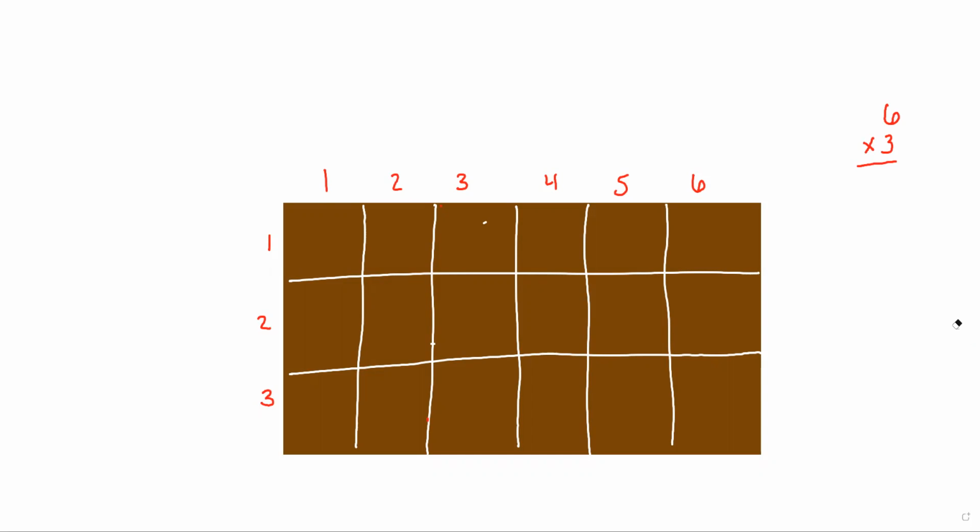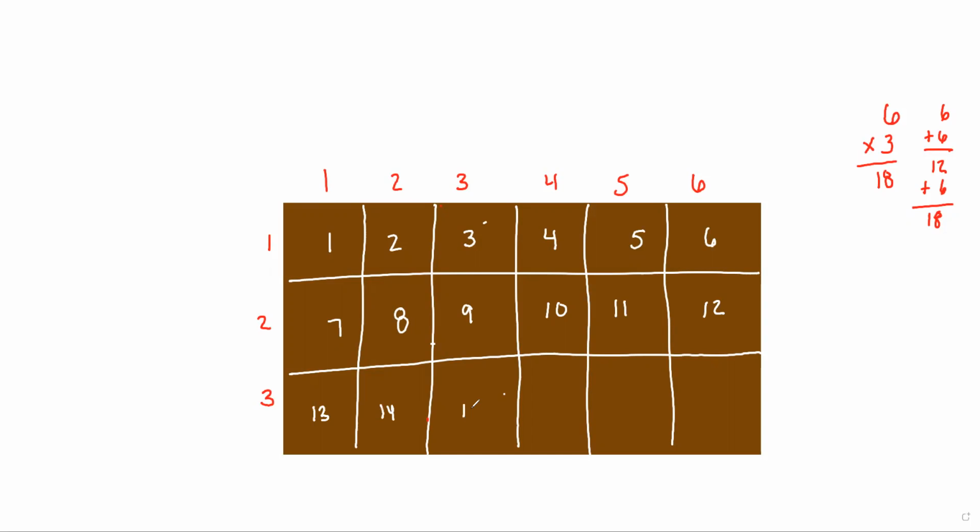6 plus 6 equals 12, plus 6 equals 18. I have 18 brownies. Or I could count them in the pan and say 1, 2, 3, 4, 5, 6, 7, 8, 9, 10, 11, 12, 13, 14, 15, 16, 17, and 18.